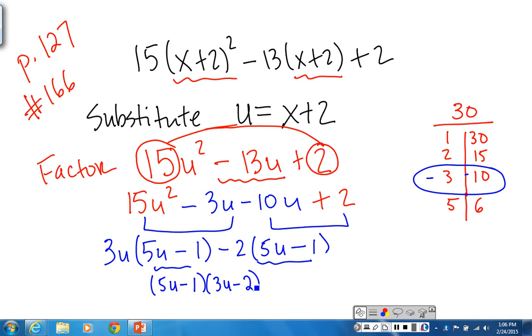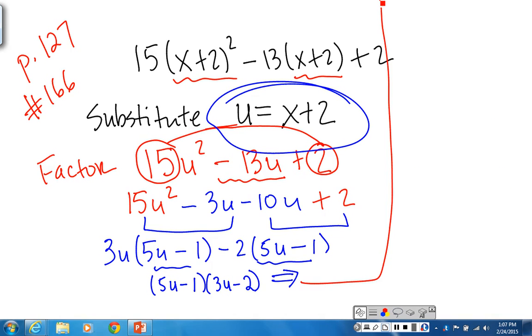However, what does u equal to? U equals to this, right? So we're going to make our final substitution. Okay, so final substitution, we know that we have 5, but we know that u is really x plus 2, right?